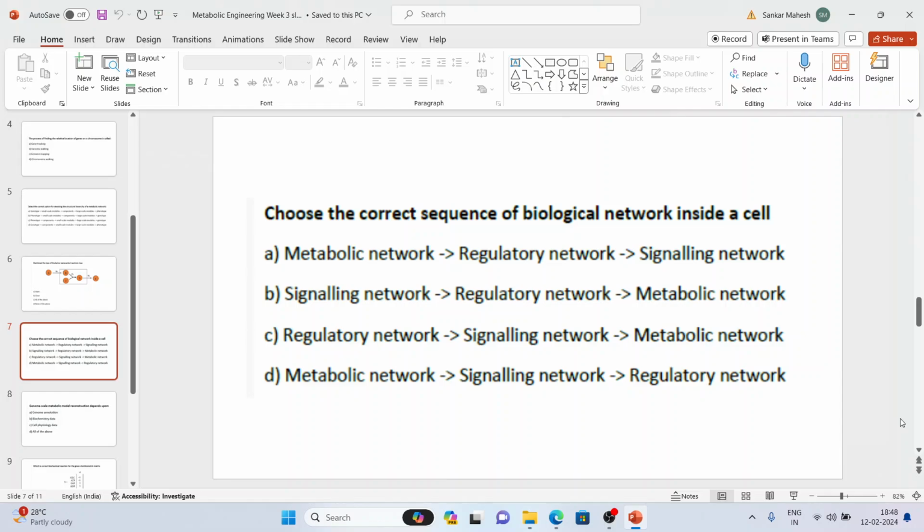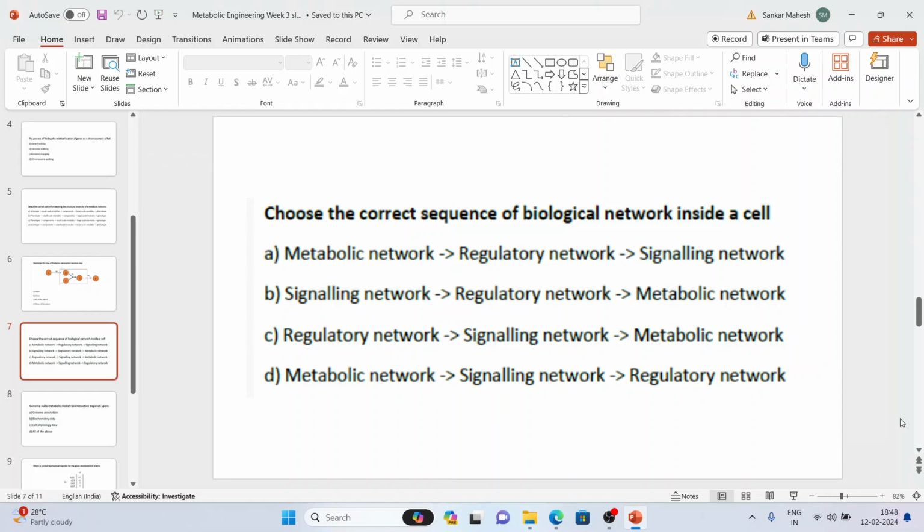And if glucose plus lactose is there, then the lac operon will not be active. So there's some regulation. I think first signaling comes, then regulation, and then it leads to the metabolic networks ultimately. Different kinds of pathways occur, and it leads to the metabolic network.